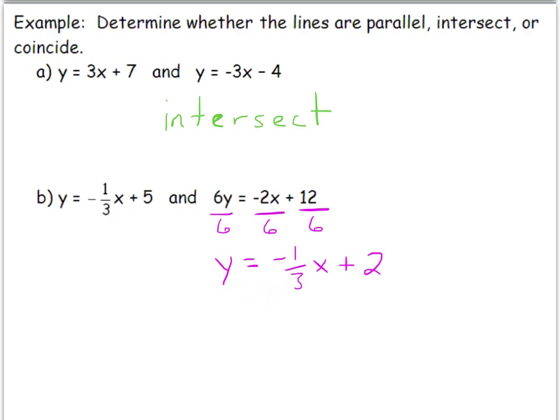The slopes of these two lines are indeed the same, so they're not intersecting. They're going to be either parallel or coinciding. The last thing to look at is the y-intercept. They have different y-intercepts, so with the same slope and different y-intercepts, we consider these lines to be parallel.